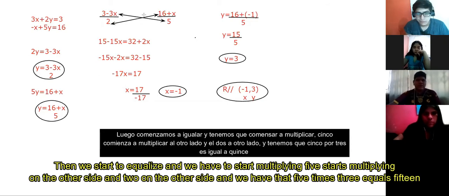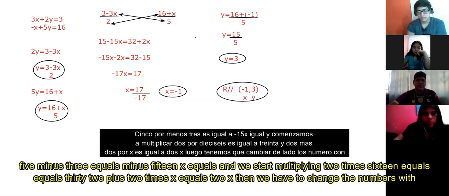Then we start to equalize, multiplying 5 on one side and 2 on the other side, and we have 5 times 2 equal 15 times minus 2 equal minus 5x, and we start multiplying 2 times 16 equals 32 plus 2 times x equal 2x.